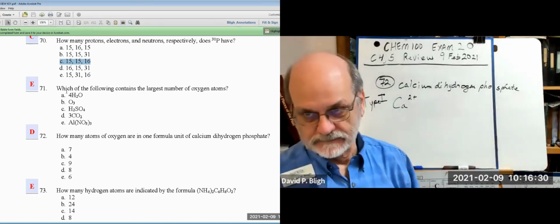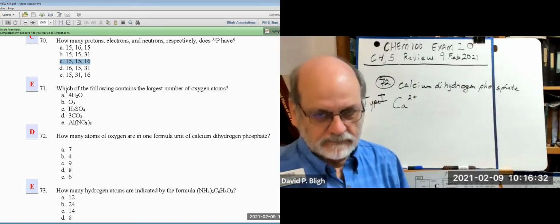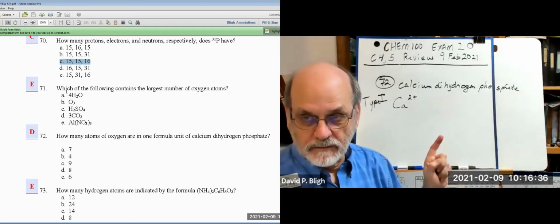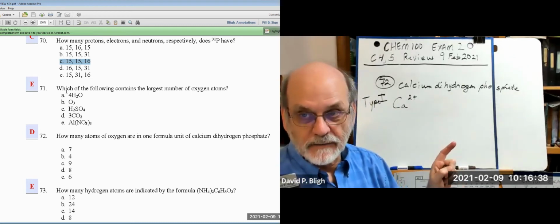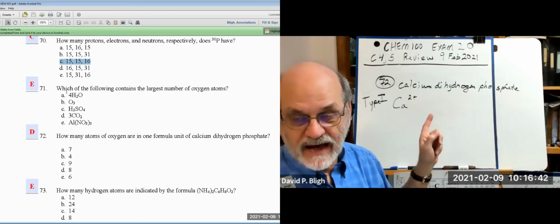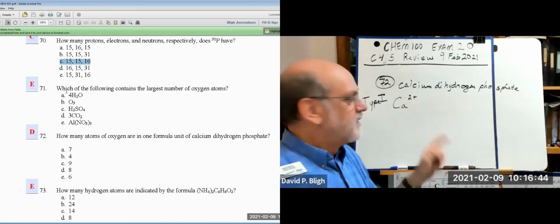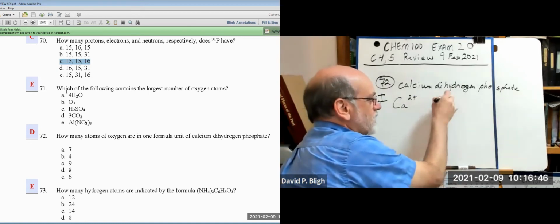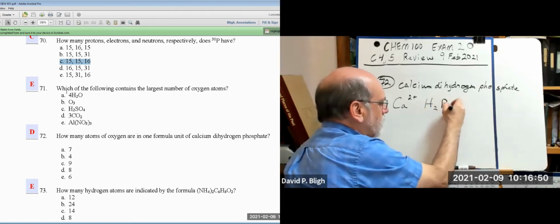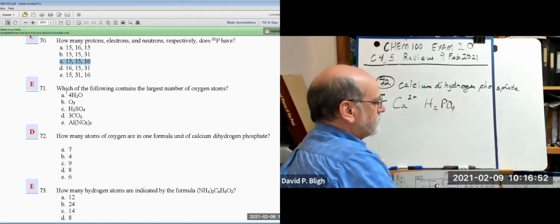Dihydrogen phosphate. If you haven't been studying the polyatomic ion list, you may miss that as a polyatomic ion. So dihydrogen phosphate is this, right?